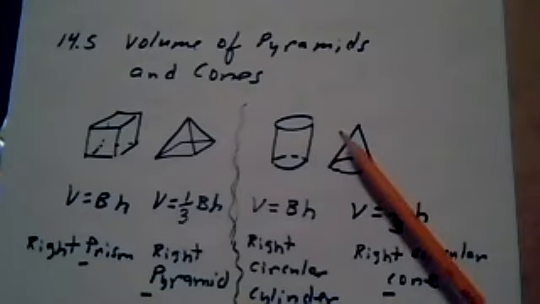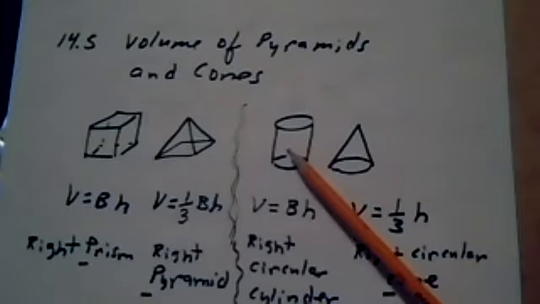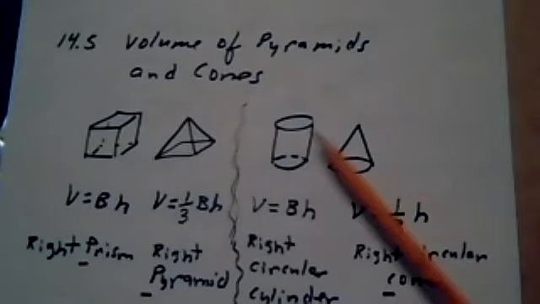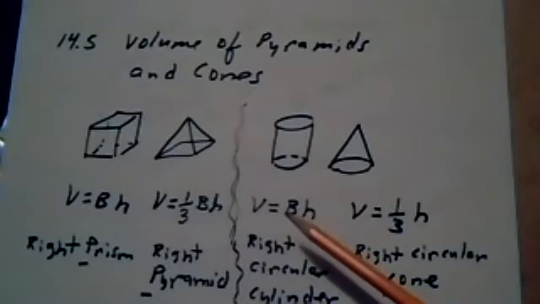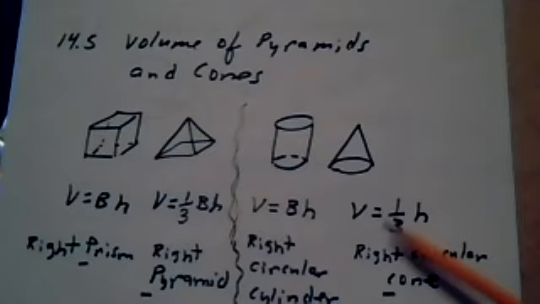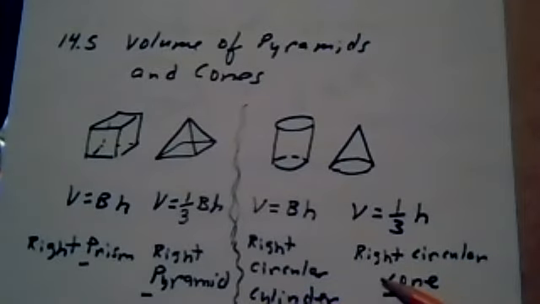Look at this one. You could fill this with water, and 3 of these would fit in here. Notice the formulas. How can you remember these are the ones that are connected? Well, right circular cylinder, right circular cone, both of these have a C. So these C's go together and these P's go together.